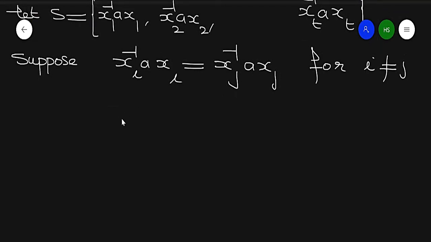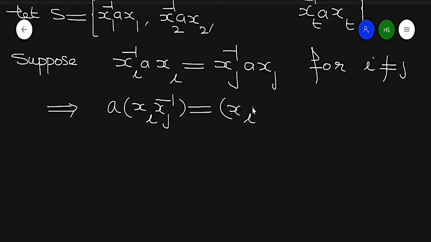This implies that one factor is shifted to the other side, so post multiply by xj inverse and pre multiply by xi. So we get a xi xj inverse equal to xi xj inverse a.